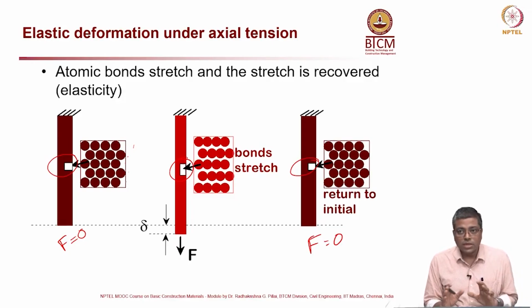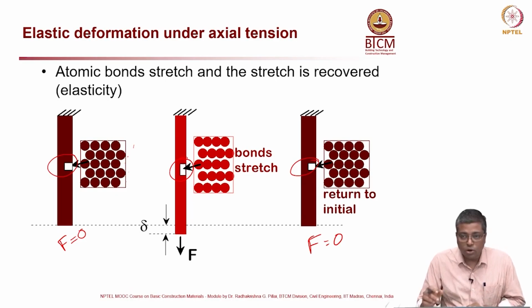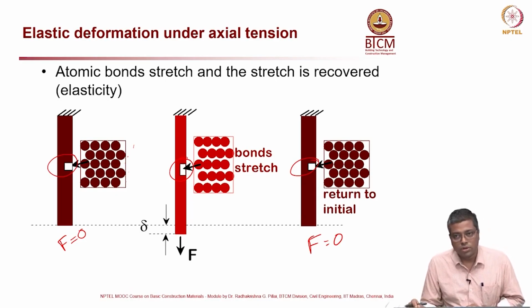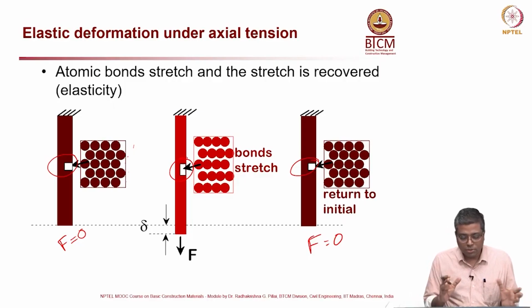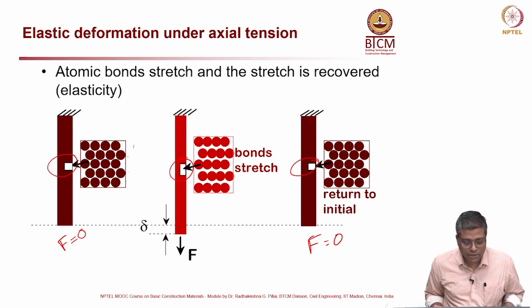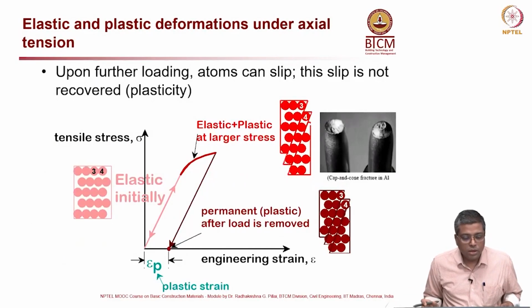So, that means there is no residual strain after the load is removed, the system has regained its original shape. So, this is what happens when we talk about elastic behavior, or elastic deformation. It deforms under the load, and when the load is removed, it goes back to its original shape.